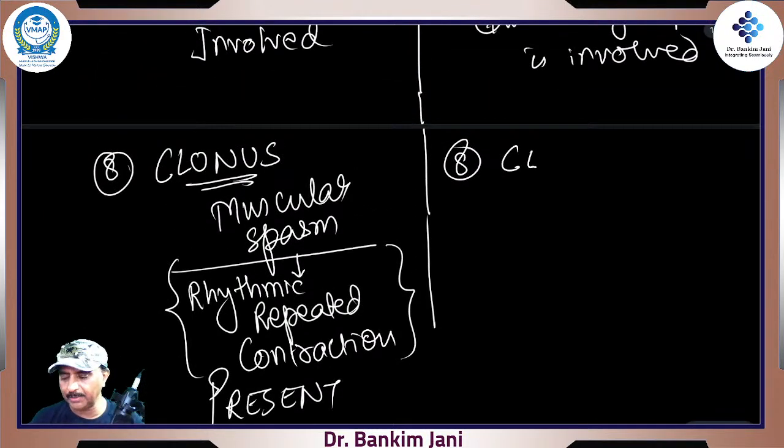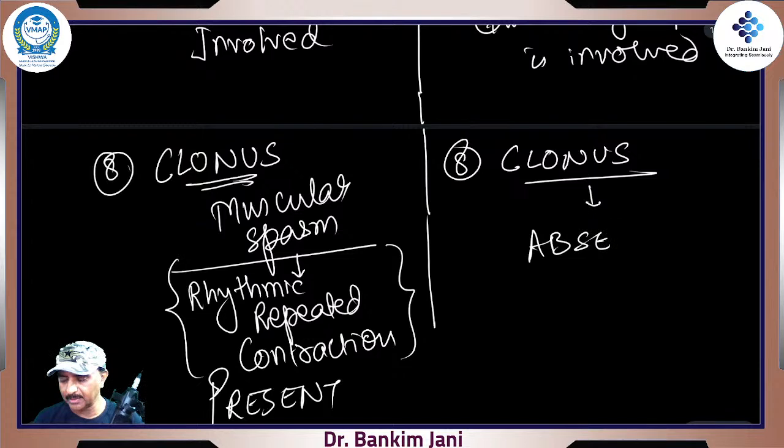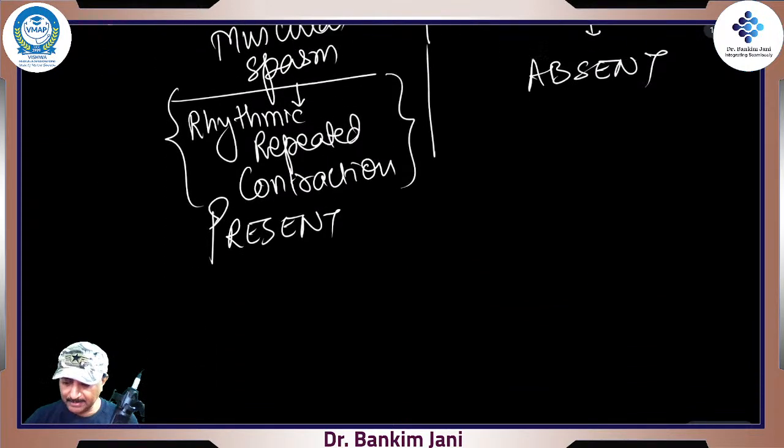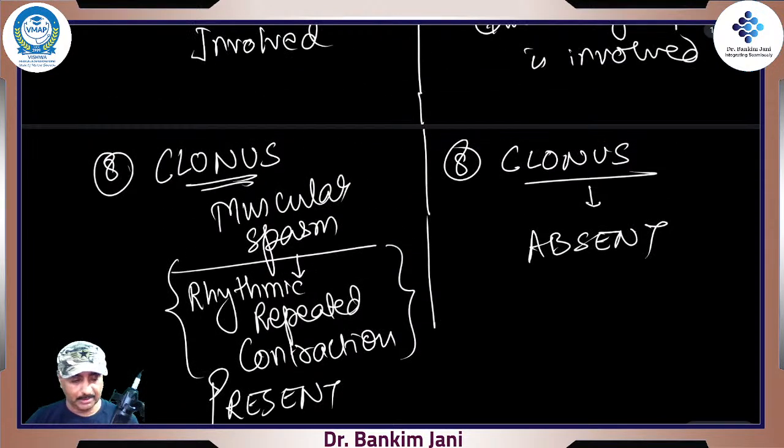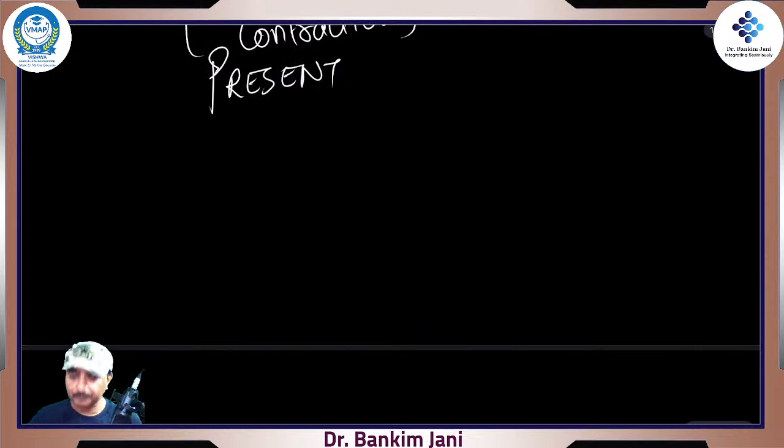There is no possibility of clonus in case of lower motor neuron lesion, because muscles are flaccid, so it will be absent. These are the differences we see between upper motor neuron lesion and lower motor neuron lesion.